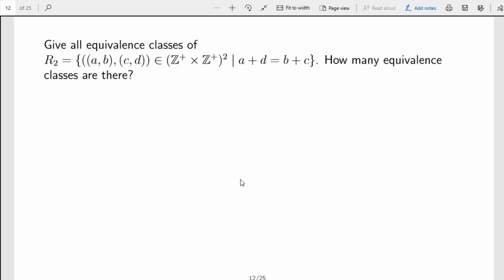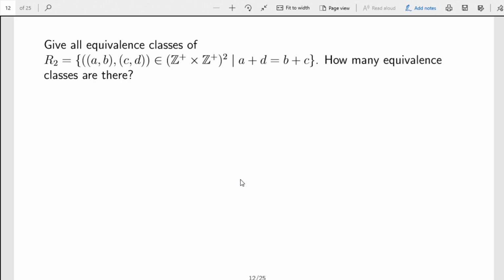So let's build the equivalence classes. Now, R2 consists of pairs of positive integers, to be more precise. So what pairs are there?